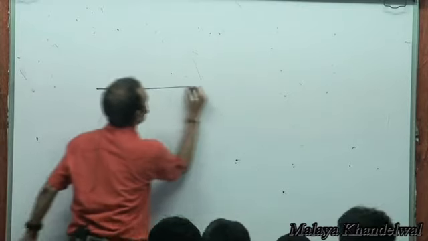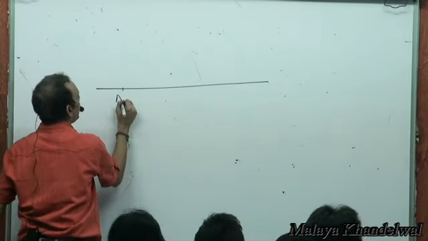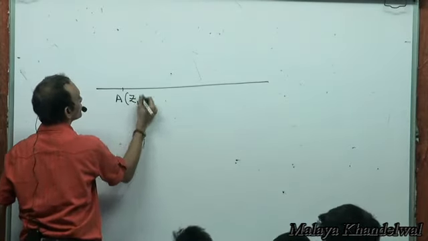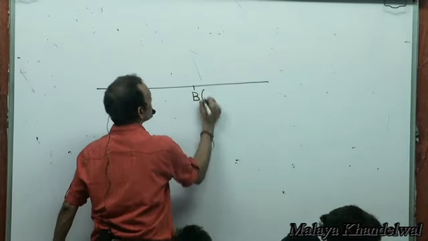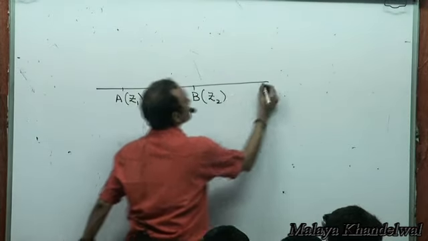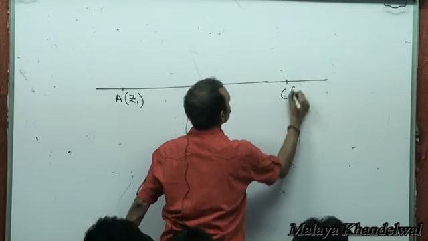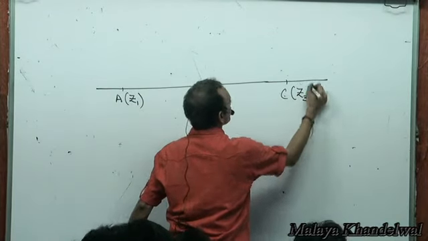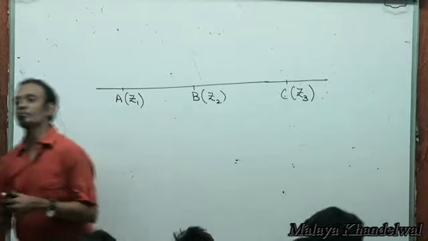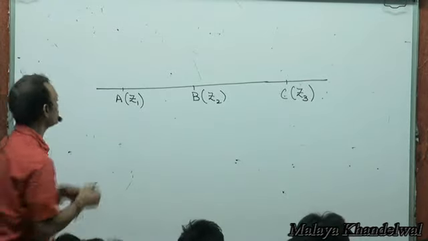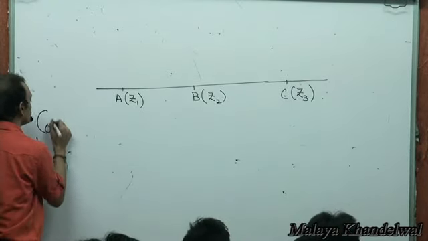So, if there are 3 points, A with position vector z1, B with position vector z2, C with position vector z3, I want to find the condition that these 3 points are collinear. Condition for collinearity of these 3 points.